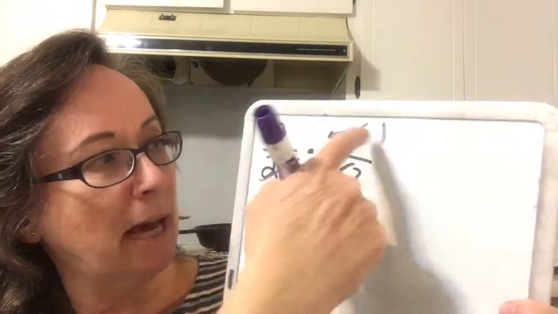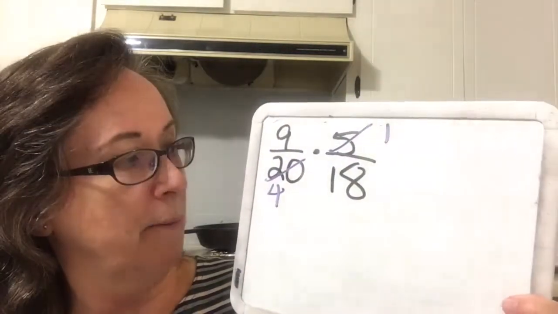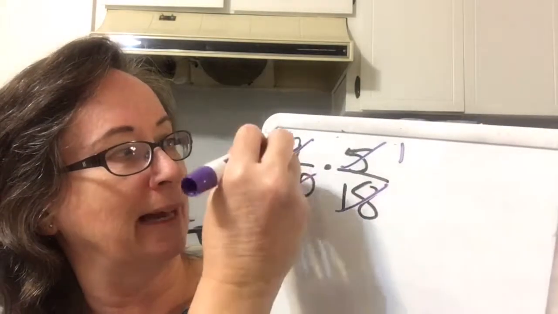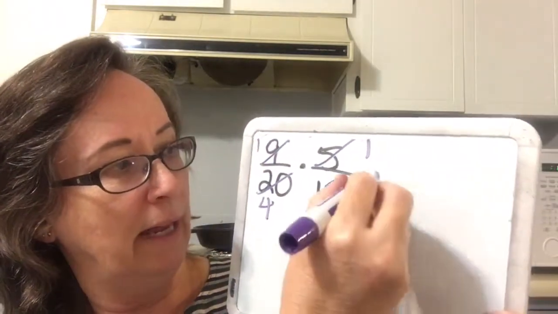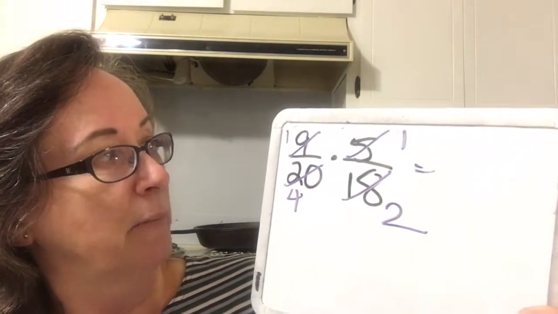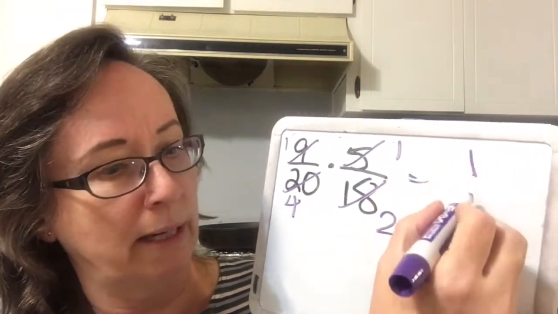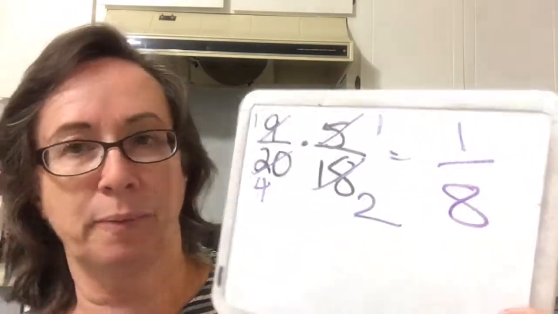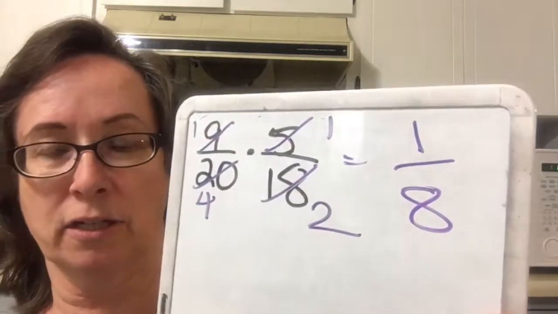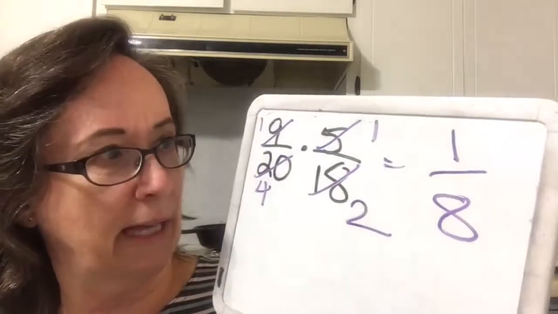I can divide both the top and the bottom by 5, and I can divide the top and the bottom by 9 also. And remember, I cannot cancel what I can't factor. But now I wind up with 1 over 8 being my simplified expression, in this case a fraction, and much easier to look at than what we had before.